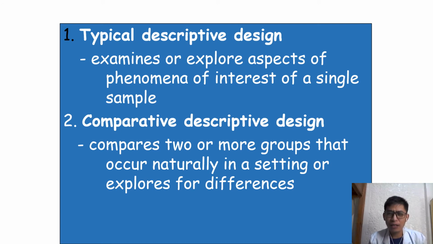We have types of descriptive design. We have the typical descriptive, which explores and explains a phenomenon. The comparative design compares two or more groups that occur naturally in a setting, or explores for differences. So comparative analysis of gender, or of healthcare practices of urban and rural areas in times of pandemic.